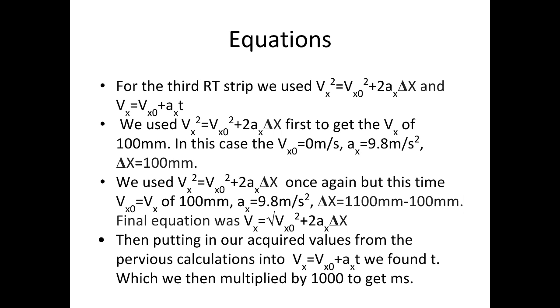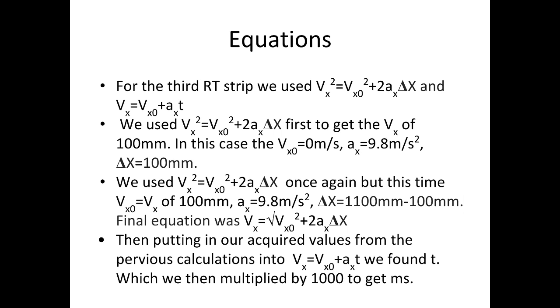We need the third kinematic equation first to find Vx of 100 millimeters. In this case, the Vx naught equals 0 meters per second, a sub x equaling 9.8 meters per second squared, and delta x equaling 100 millimeters.